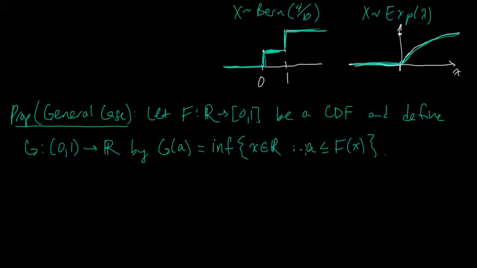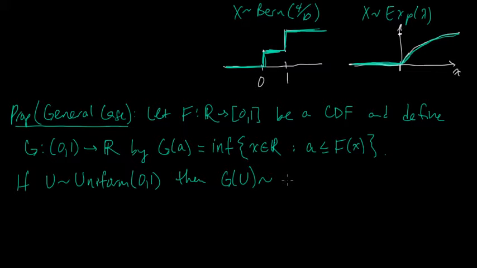And now, if U is uniform on the interval from 0 to 1, just like before, then the random variable G of U has CDF F. So G of U is distributed according to this CDF F. Here you can see that G of U plays the role that F inverse did in the previous special case.